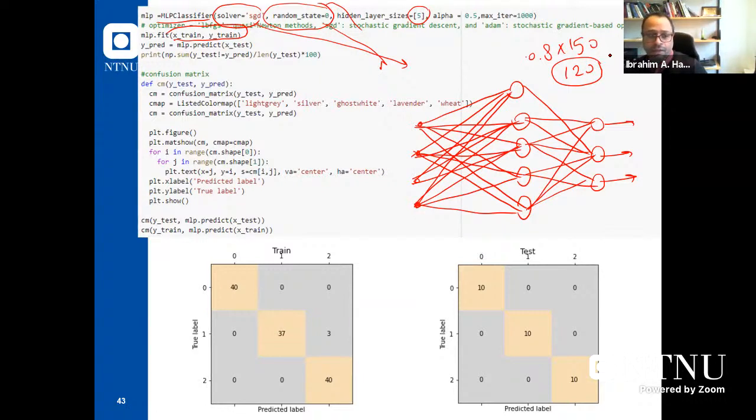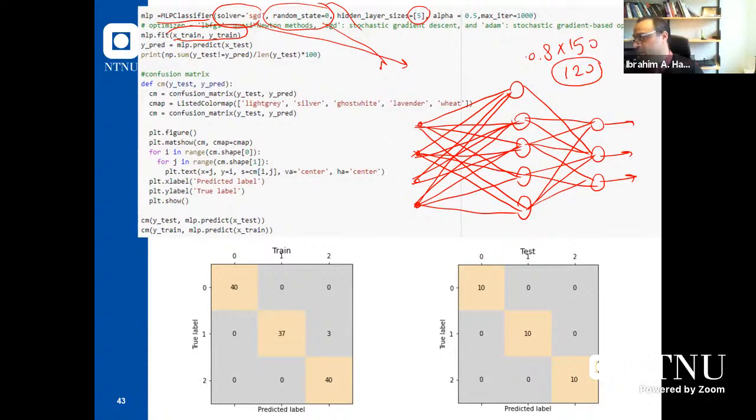Because when you select it, you can select the batch size, right? If you didn't select the batch size, it's a batch size of automatic, in fact. So it's batch learning. This function will work in batch learning, but because here we didn't specify the batch size, it will be automatically selected as the minimum between 200 and the number of samples.